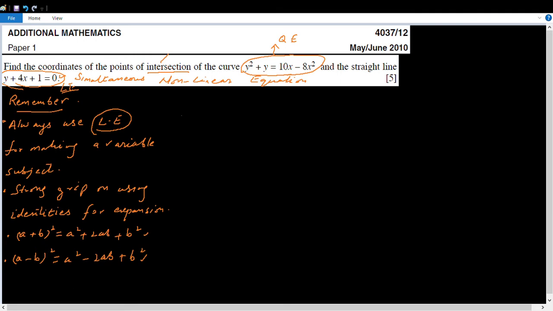This is basically a keyword. It will help you to identify how you are supposed to solve.